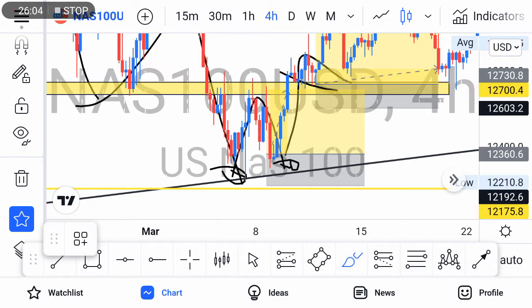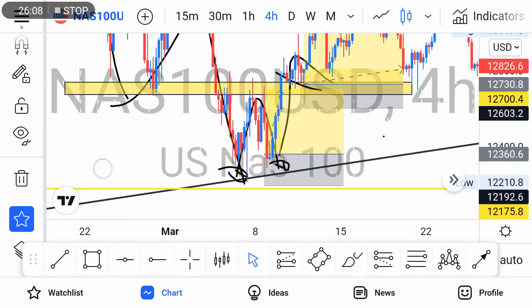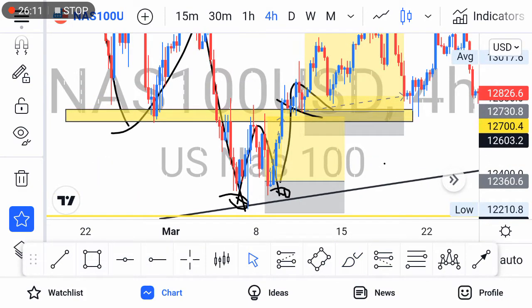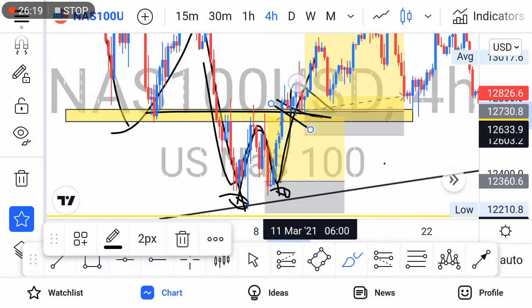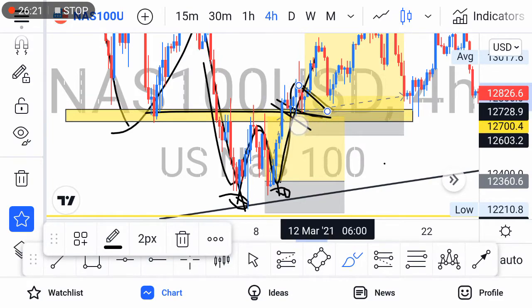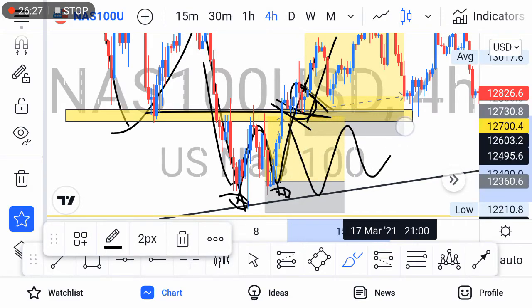Sometimes when price is here, even if you know how to trade the pattern, you must wait for a neckline. Here's the neckline of this pattern. You're gonna enter when it breaks here, because it's another confirmation. If it doesn't break, it can still play here.